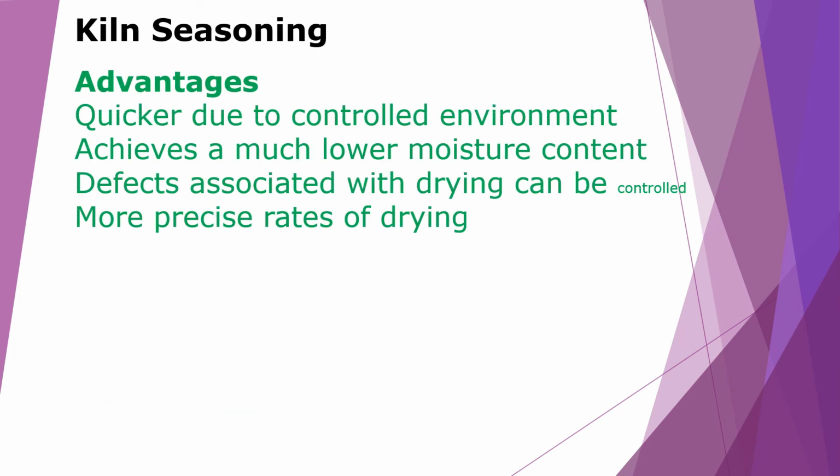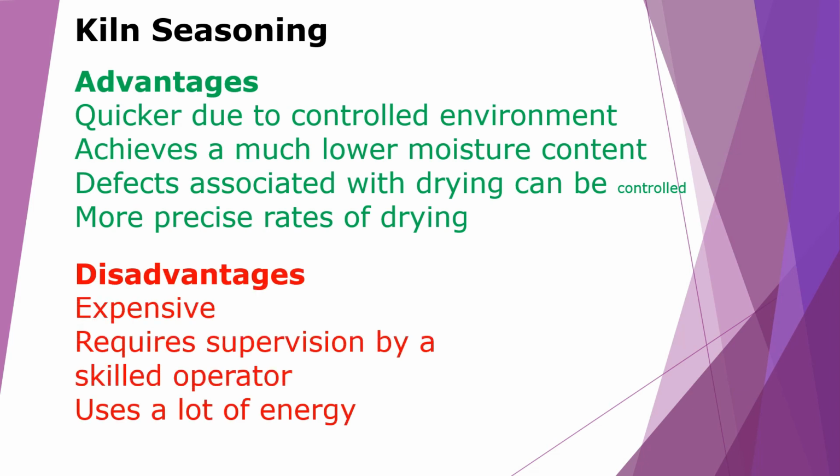So just like air seasoning, kiln seasoning also comes with its own advantages because it's quicker, because you have a controlled environment, you achieve a much lower moisture content. Defects associated with drying can be controlled, and you have more precise rates of drying. But at the same time, you also have some disadvantages.